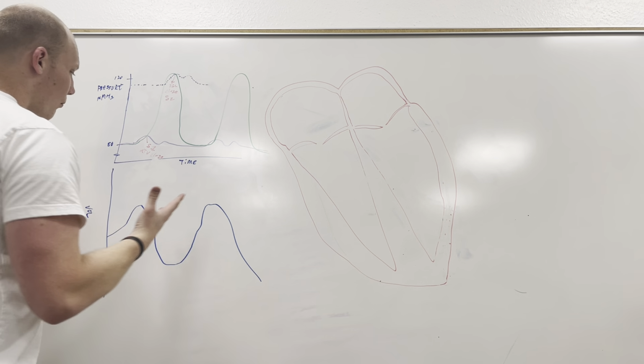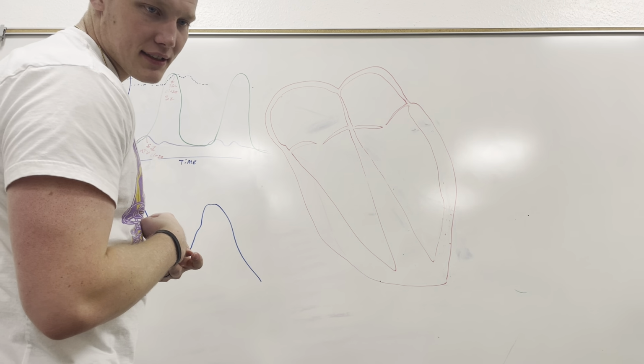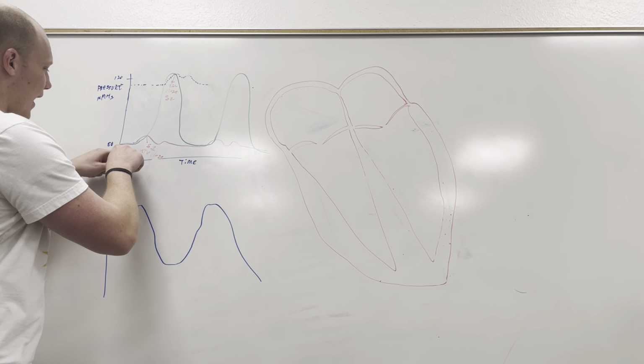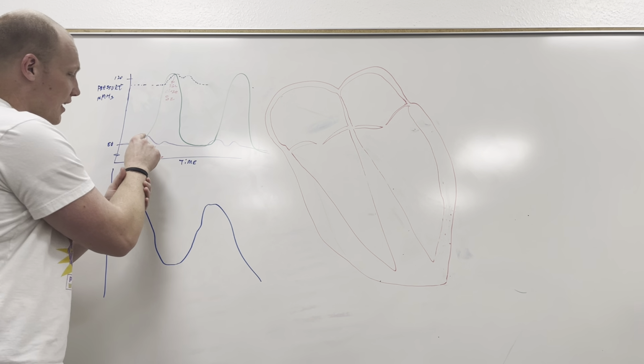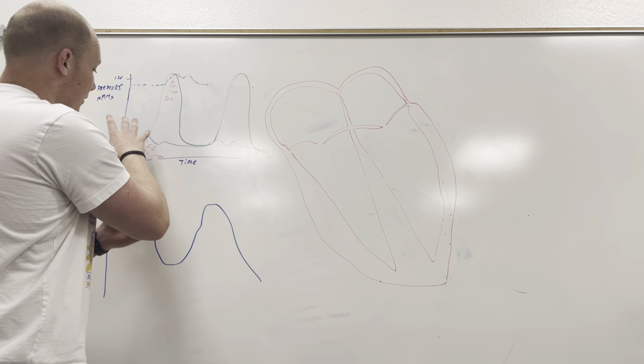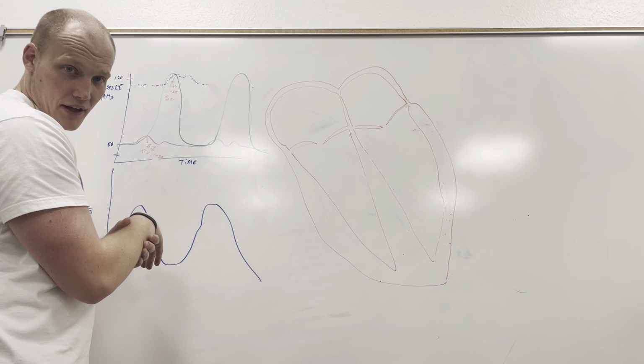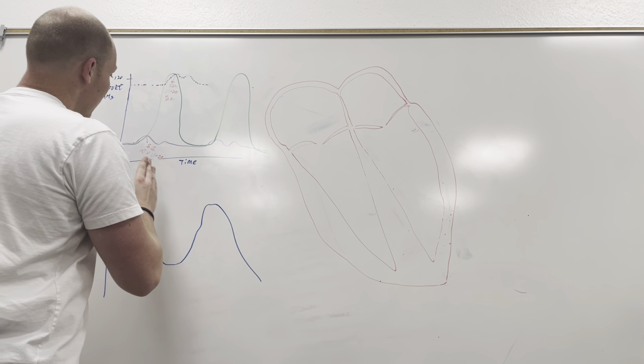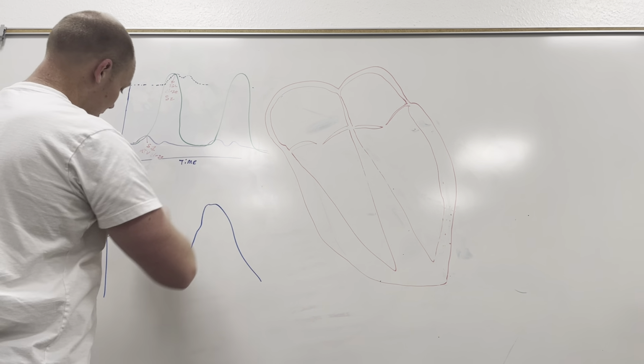So this is the cardiac cycle. We have the atria here, and this is atrial ejection. It pushes all that blood down into the ventricle. And then right after that, the ventricle begins to pump.